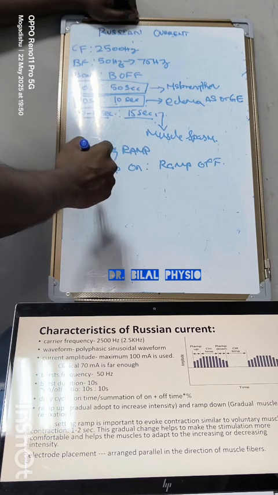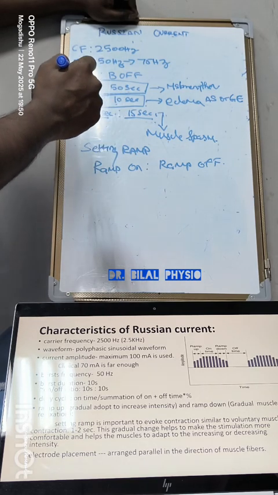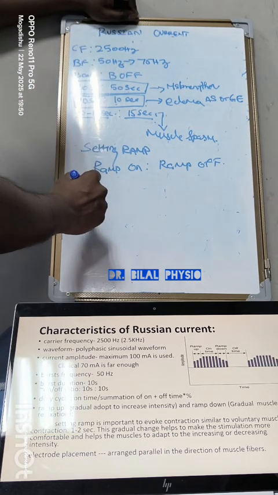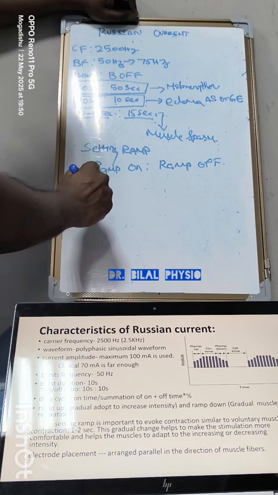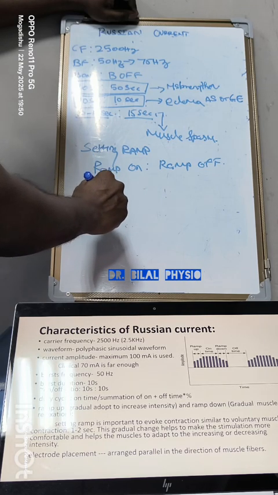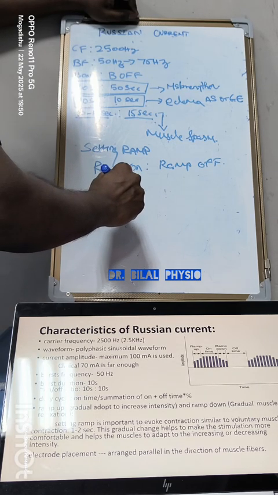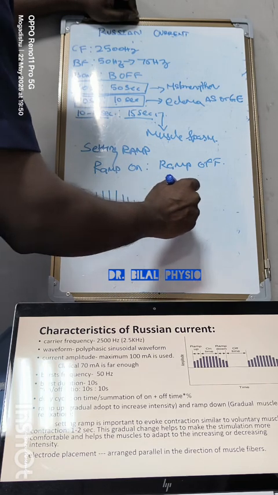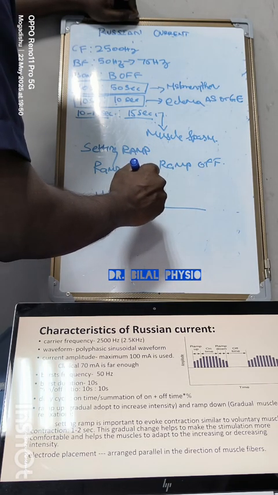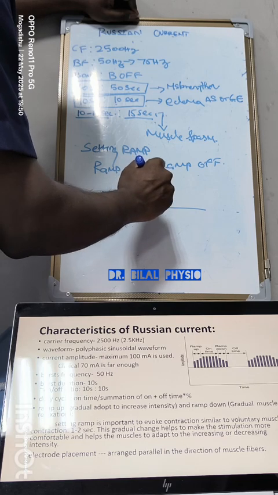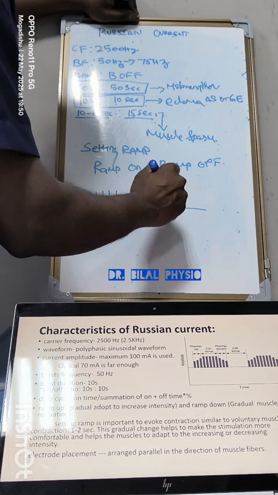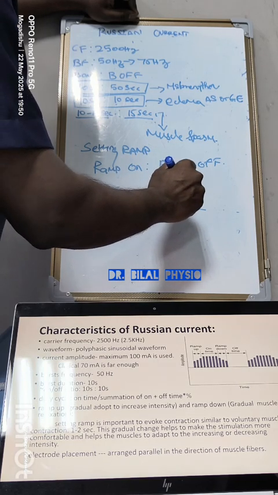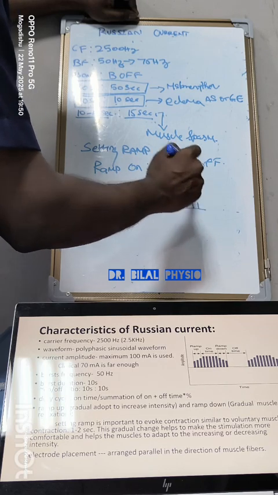To achieve a voluntary-like muscle contraction, we have to increase the intensity slowly, and again decrease it slowly, followed by the interburst interval. Again we increase the intensity slowly, followed by a gradual decrease.